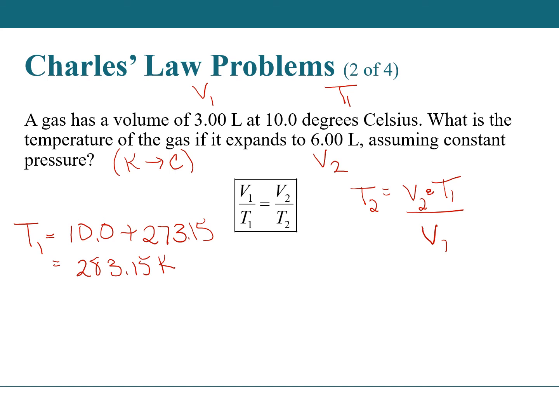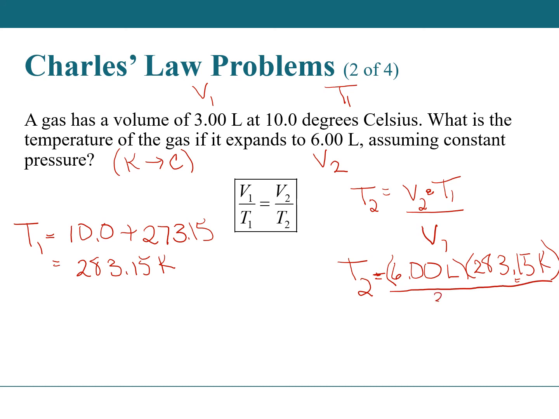We have V1 and V2, so let's plug things in. V2 is 6 liters, T1 is 283.15 Kelvin, V1 is 3 liters. Our answer will be in 3 significant figures.